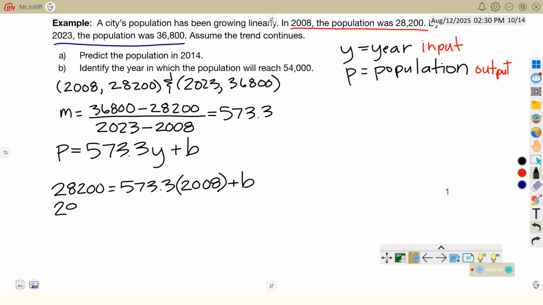So 28,200 equals, oh, that is yuck, 1,151,186.4 plus b.